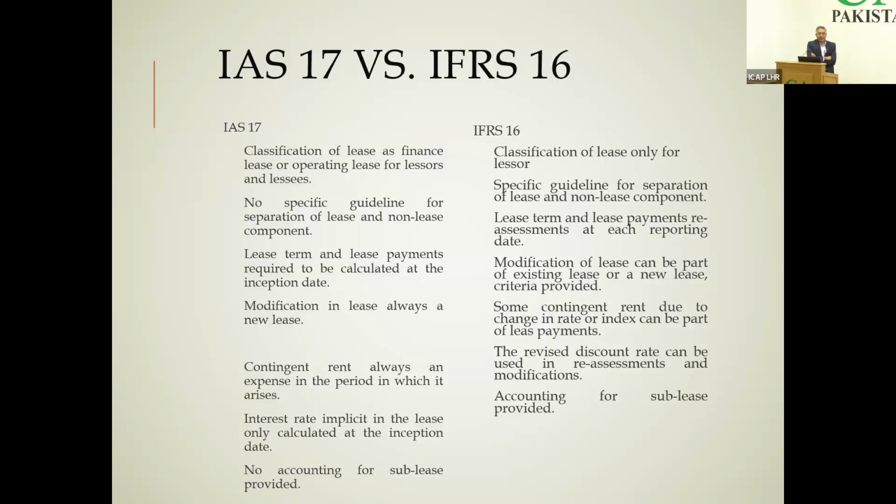In IAS 17, there was no specific guideline for separating lease and non-lease components. As we know, many lease contracts contain some non-lease components, like servicing elements. So previously there was no guidance on how to deal with the servicing component and whether to separate the lease from the non-lease component or not. Now IFRS 16 is providing complete information on how to deal with lease and non-lease components.